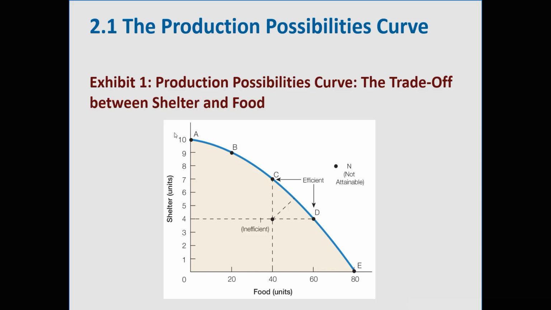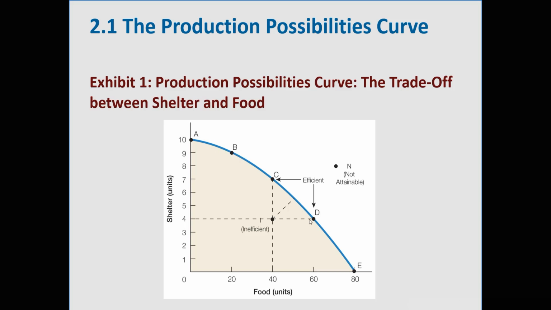So if you use all your resources, land, labor, capital, and entrepreneurship to produce shelter, you will produce 10 units of shelter and 0 units of food. If you decide to use all your resources to exclusively produce food, you'll produce 80 units of food and 0 units of shelter.